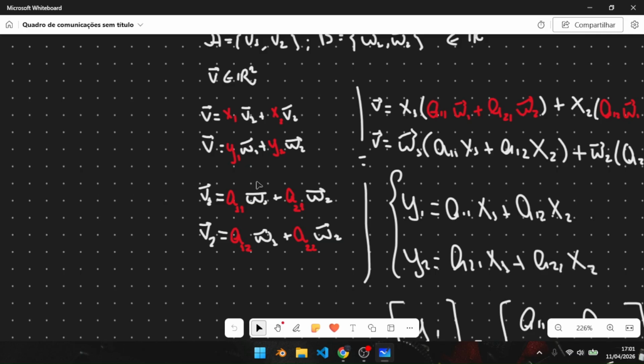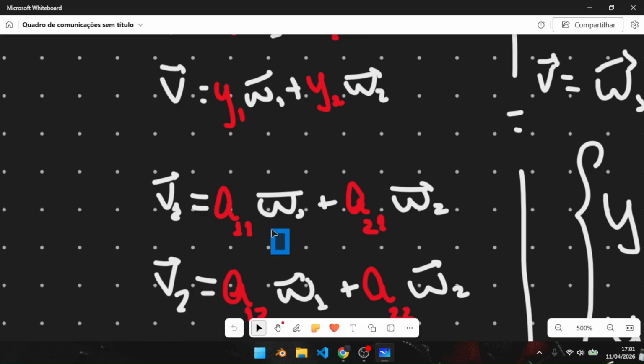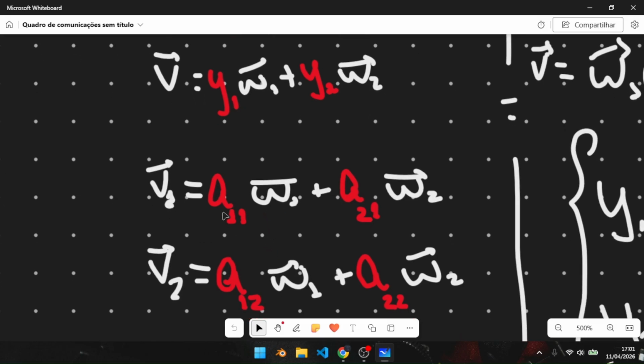But as you can infer, they are part of a matrix, and I'm going to explain a little bit why it is a matrix. What's important here is that you get the rule for the indexes of these constants right. The index of any element in a matrix is composed of two numbers: the row and the column.